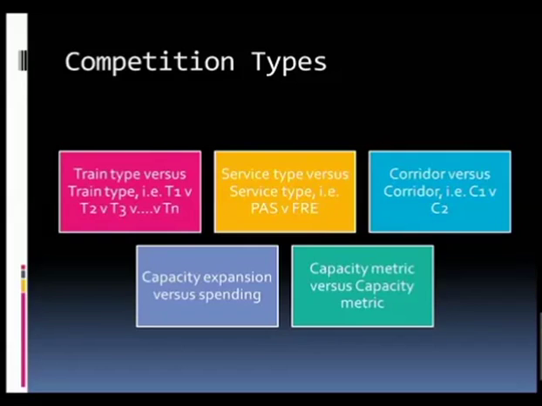And also, you've got different capacity metrics which can compete against each other. So you want to maximize the number of trains, but also simultaneously maximize the value of, for example, the freight that you're moving. In fact, increasing the number of trains may not do that for that objective.